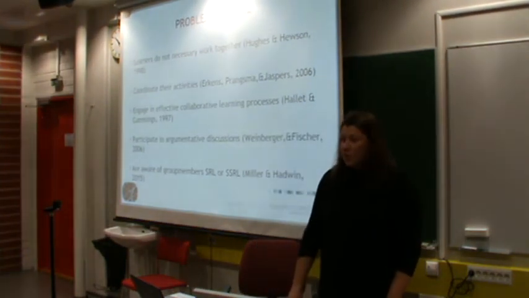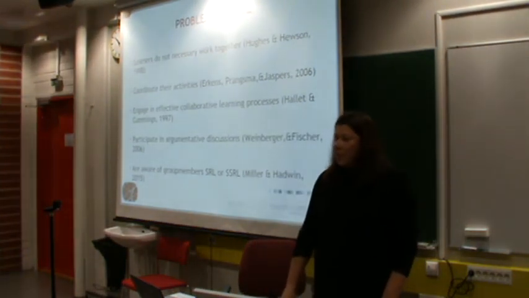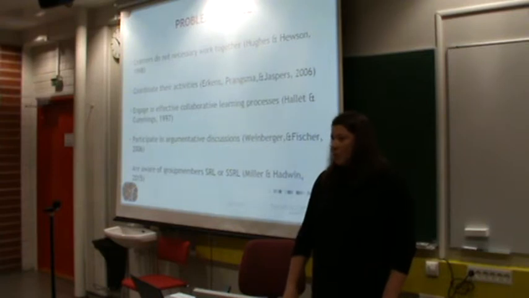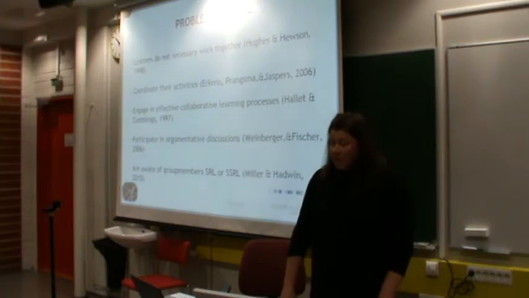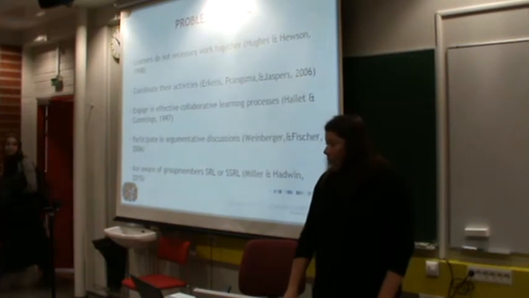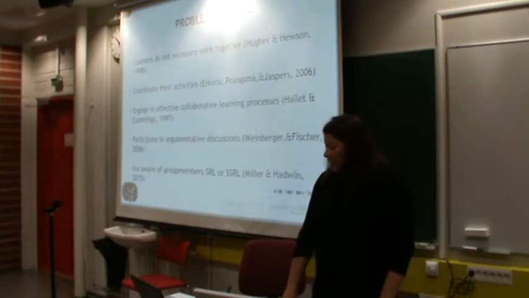Especially in computer-supported learning, the problems are kind of the same as in face-to-face collaborative learning, but they can also be due to different aspects. For example, learners do not necessarily work together. They engage in cooperative learning rather than collaborative learning. They fail to coordinate their activities together. Or learners do not engage in an effective collaborative learning process.